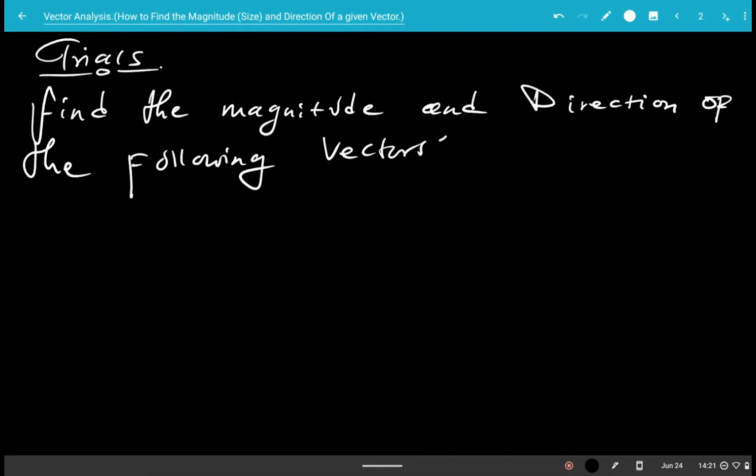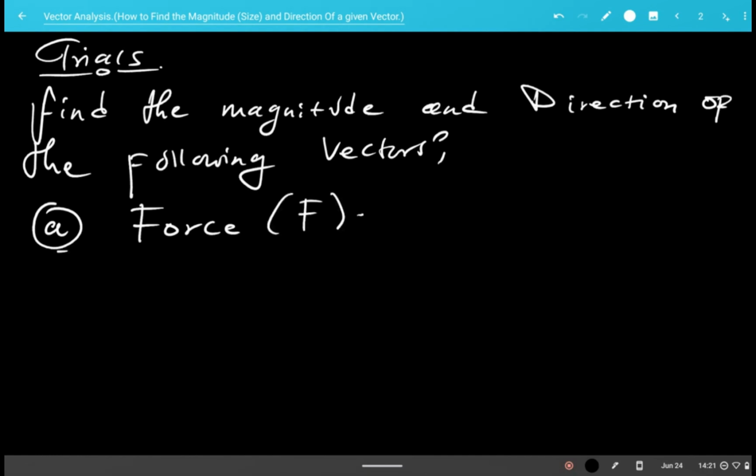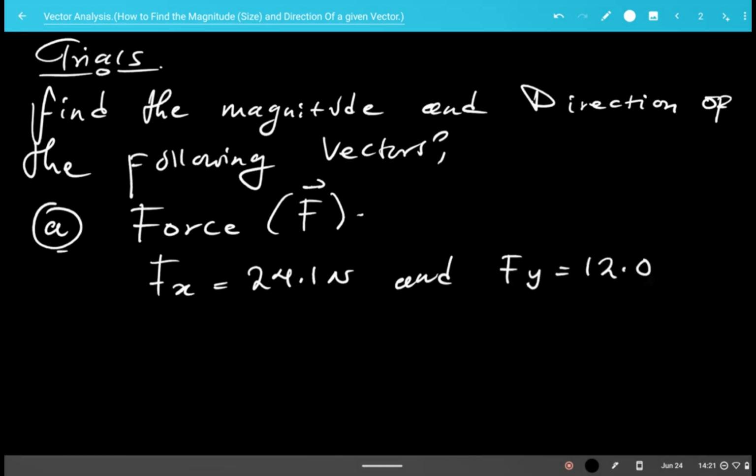Suppose we have vector A, the first vector of this question, presented by capital F. Let's say it has some components. Let's say its fx component is 24.1 newtons and its fy component is 12.01 newtons.